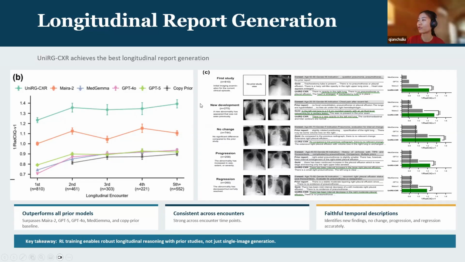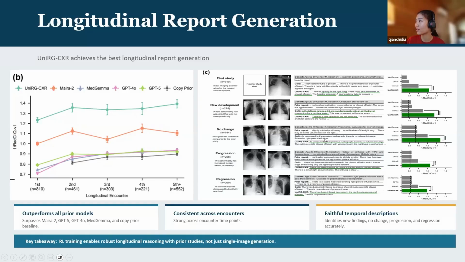And then, of course, we have the first study category. For each category, we can measure the performance of UniRGCXR against the other baselines and the copy prior baseline, to understand the performance gap. And here you can see UniRGCXR has very consistent gains across all of the different categories.